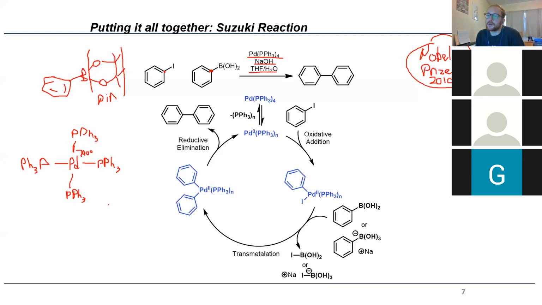An equilibrium process occurs where palladium starts to shed some of these ligands. So you have 3, or 2.